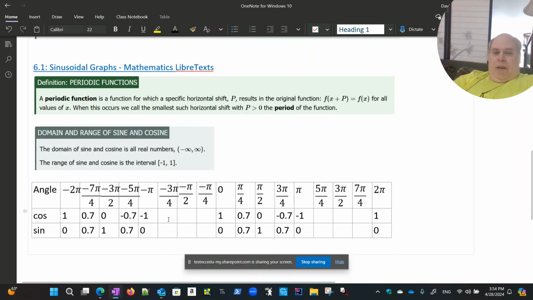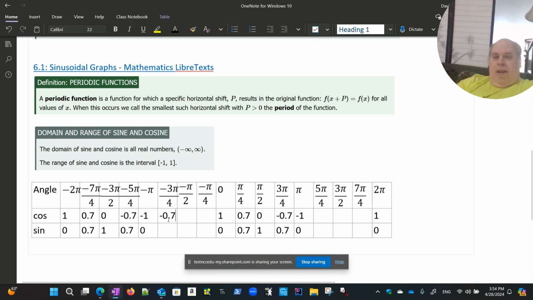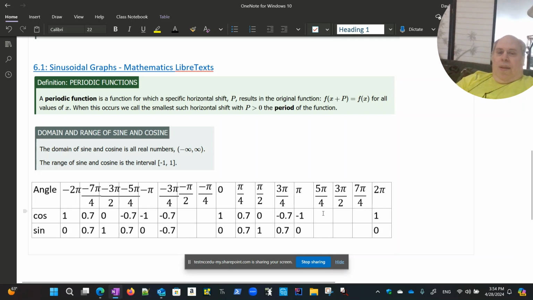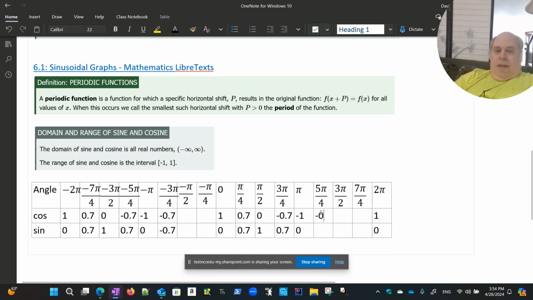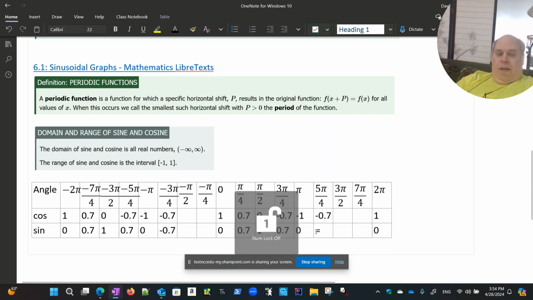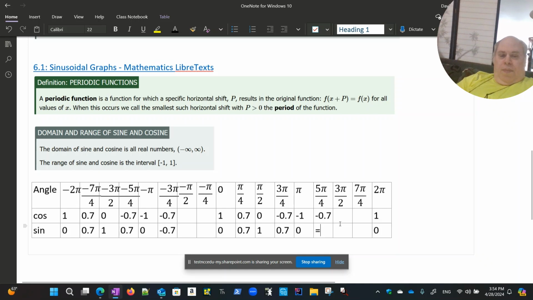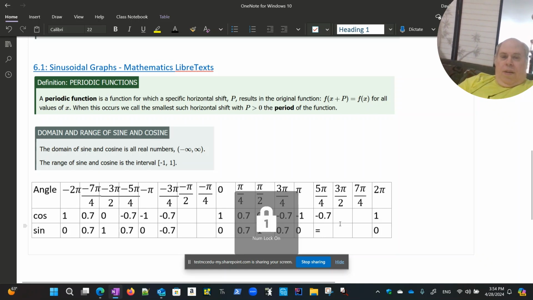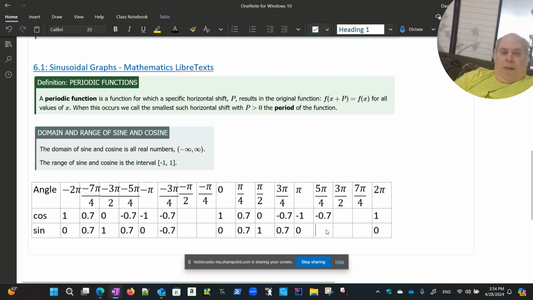So I'll put in minus 0.7, minus 0.7, and minus 0.7, minus 0.7.